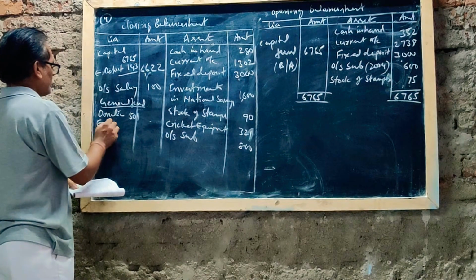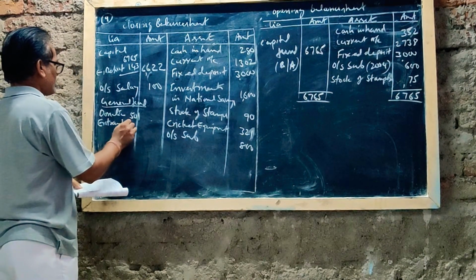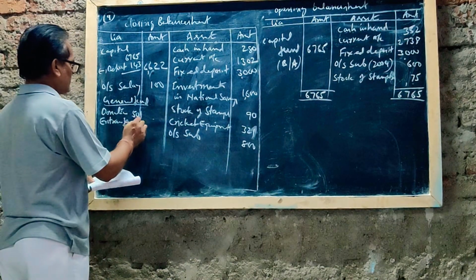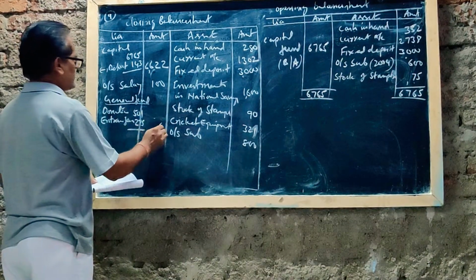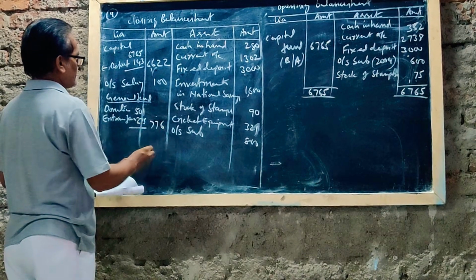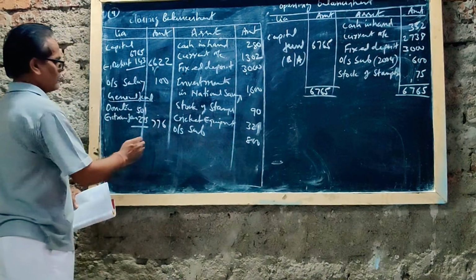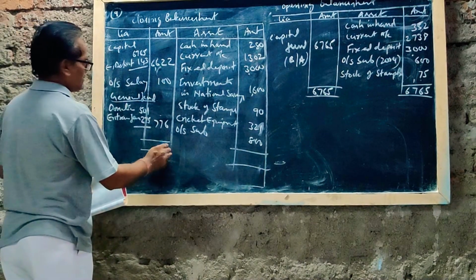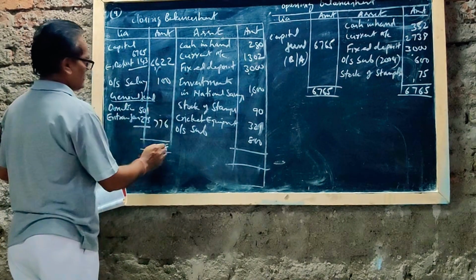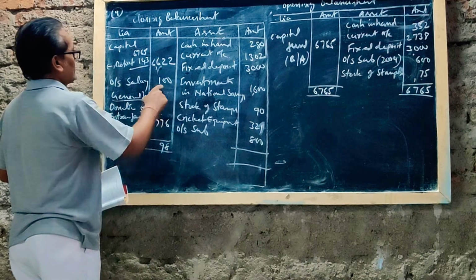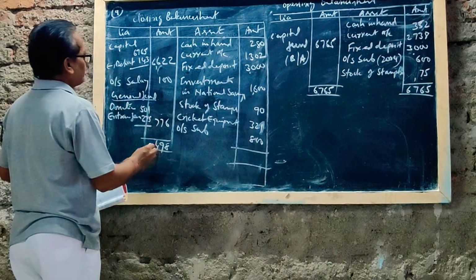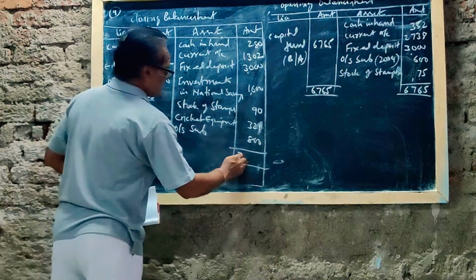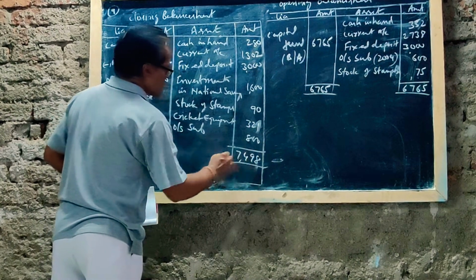Entrance fees 275. 677. That's all. Find the total. It should tally, 7498. Right. So 7498.